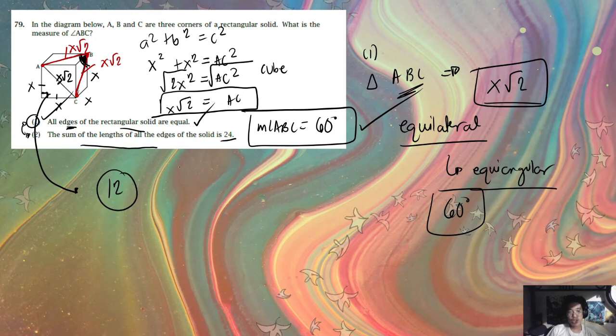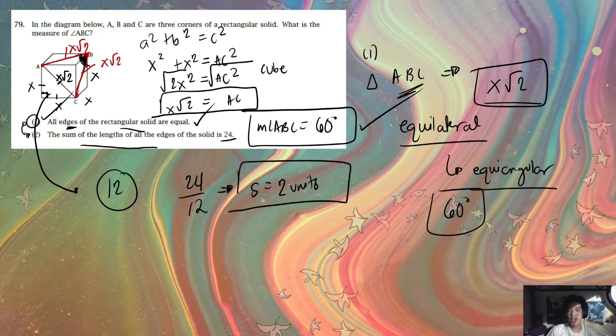There are 12 edges and the sum of the lengths of all of the edges is 24. We can divide 24 by 12, therefore securing the value of 2 as the side measurement of our cube. Therefore the side measurement of our cube is 2 units.